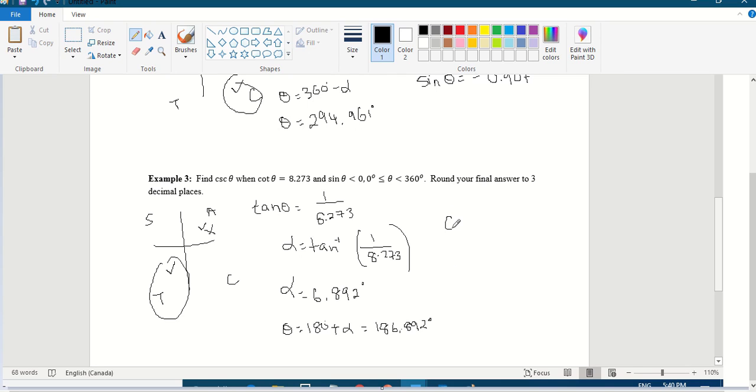So we will say cosecant theta equals 1 over sine theta. So in our case, it will be 1 over sine 186.892. So we punch in the calculator 1 divided by sine 186.892. We get negative 8.33334. So we will say negative 8.333, rounding to 3 decimal places.